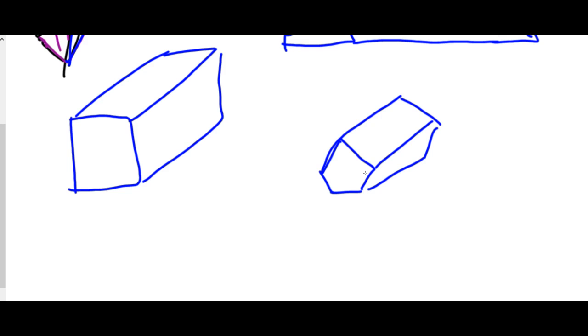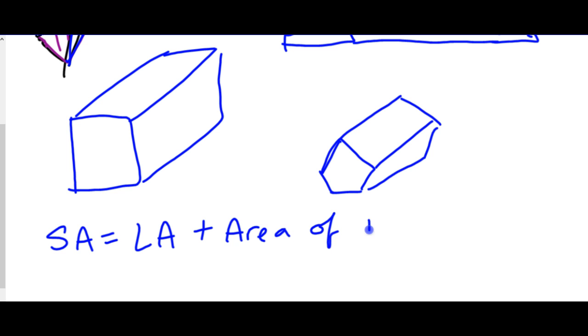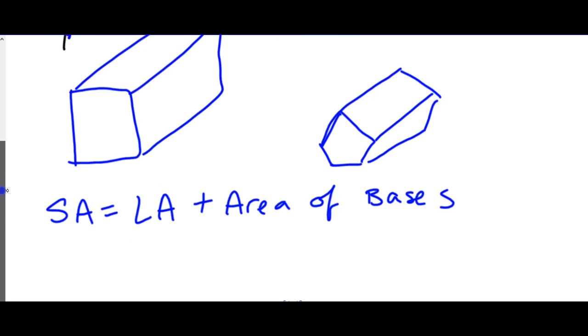So for all of these though, they all have the same surface area. The surface area is always the lateral area plus the area of the bases. Now the lateral area has its own kind of formula to break down.